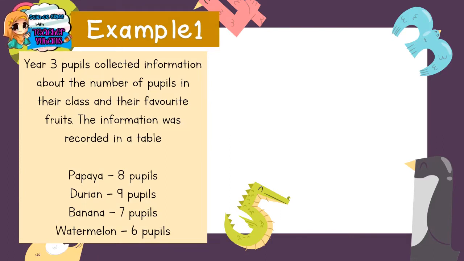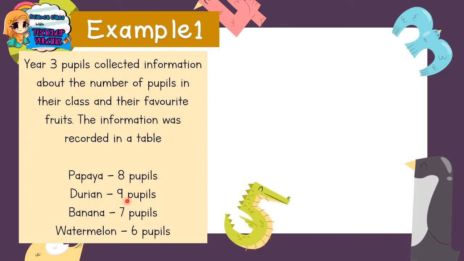For example, Year 3 pupils collected information about the number of pupils in their class and their favorite fruits. The information was recorded in a table. Papaya, 8 pupils.